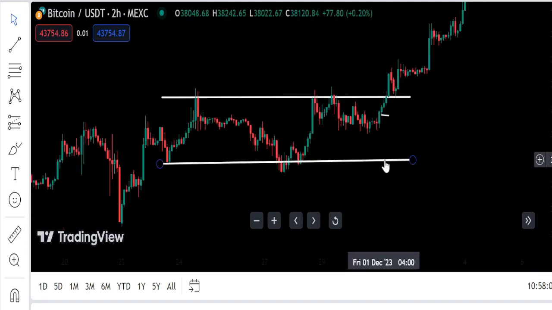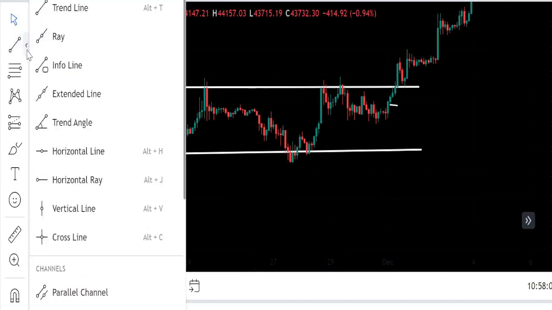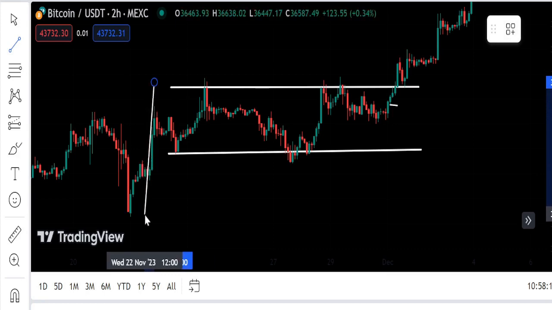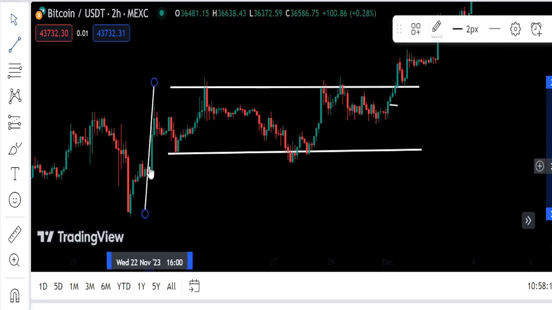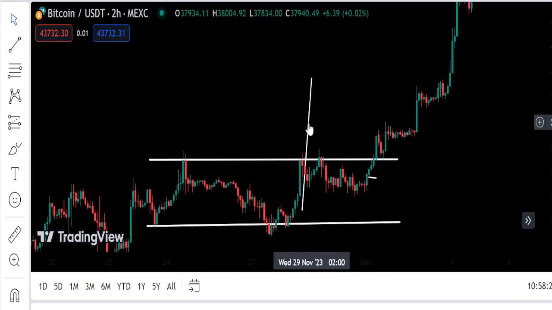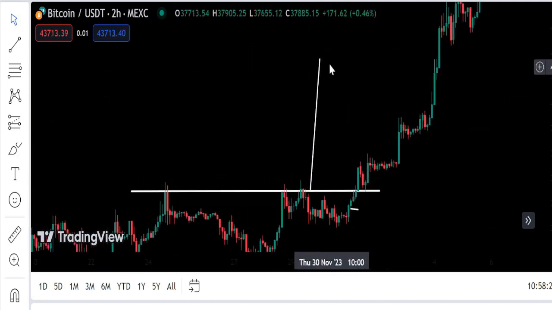So you could also place your target price from the length of this price here to the highest point of the rectangle, which will give you a target price of about here.